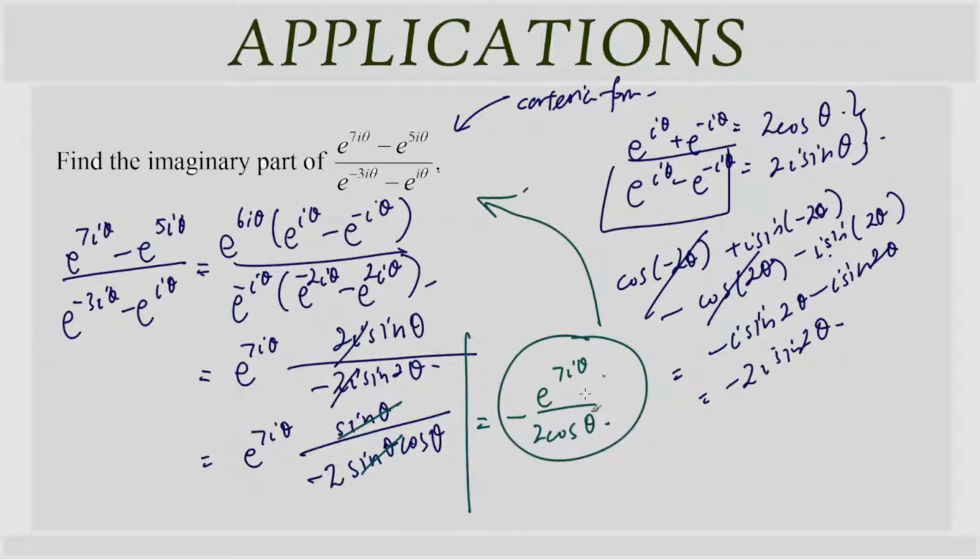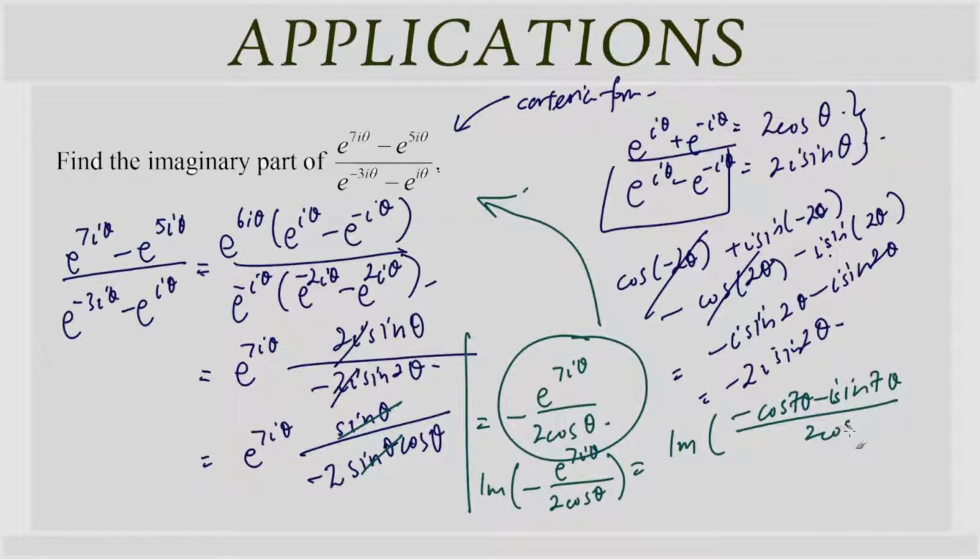So we need to find the imaginary part of negative e to the power of 7iθ over 2 cosine θ. And that's also equal to the imaginary part of negative (cosine of 7θ plus i times sine of 7θ) over 2 cosine θ.